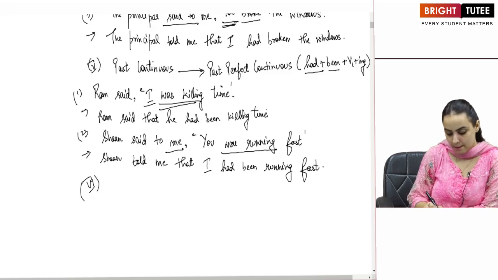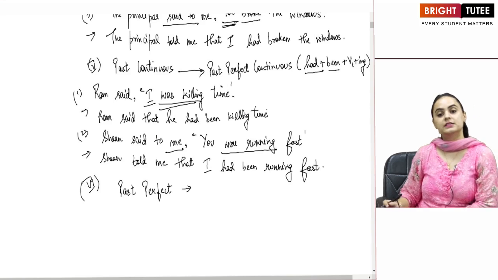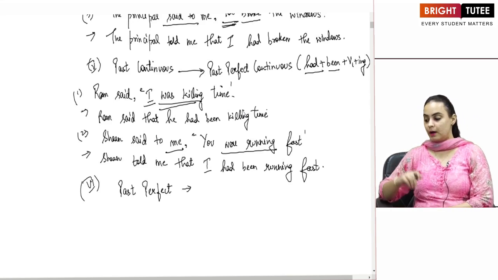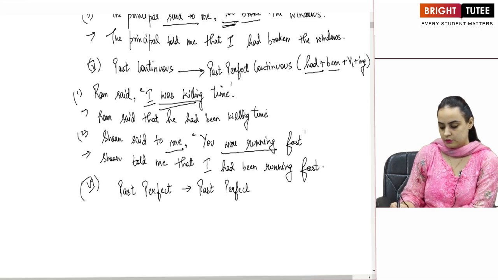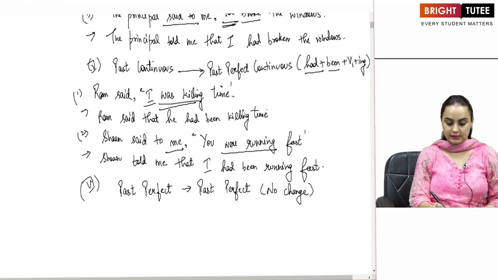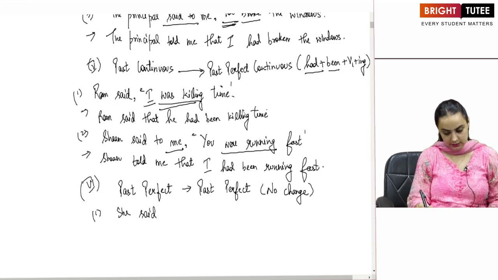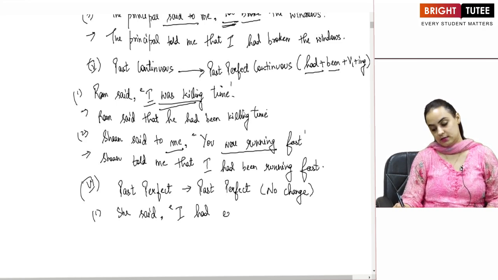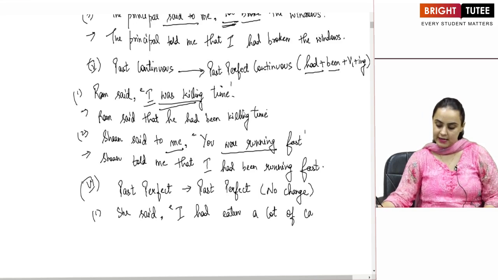Next we have past perfect. If my sentence is in past perfect, how do we change that? Past perfect remains past perfect only. So there is no change at all. For example, she said, I had eaten a lot of candies.